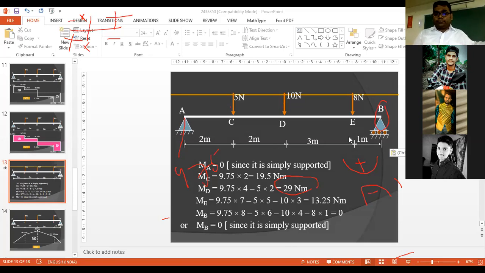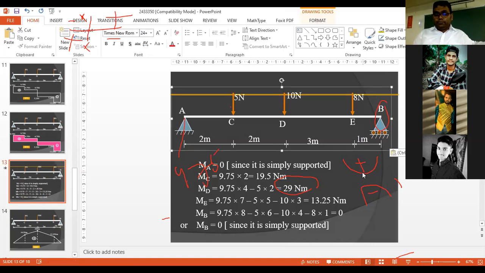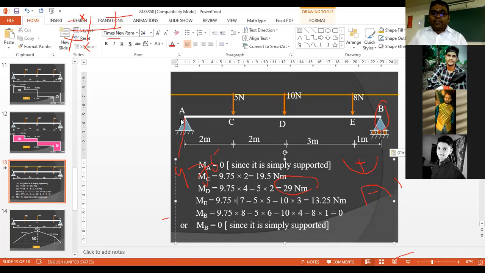ये ME वाला बताइएगा, ME वाला यहाँ से यहाँ तक का पूरे लोड वी हैव टू बी कंसीडर, देन RA मतलब 9.75, द टोटल डिस्टेंस इज 2, 2 एंड दिस इज 1. हाउ मच, this 2, 2, 2 and 7. 4, 2 to 4 and it is a 3, so it is 2.